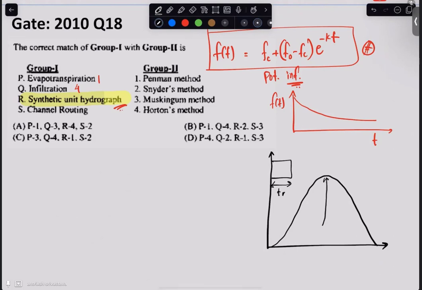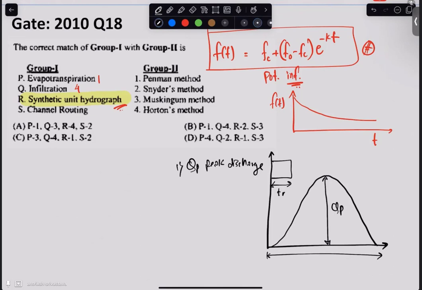First one, let's say we call it as peak discharge, QP, peak discharge. Second one, let's say base time, TB, base time.